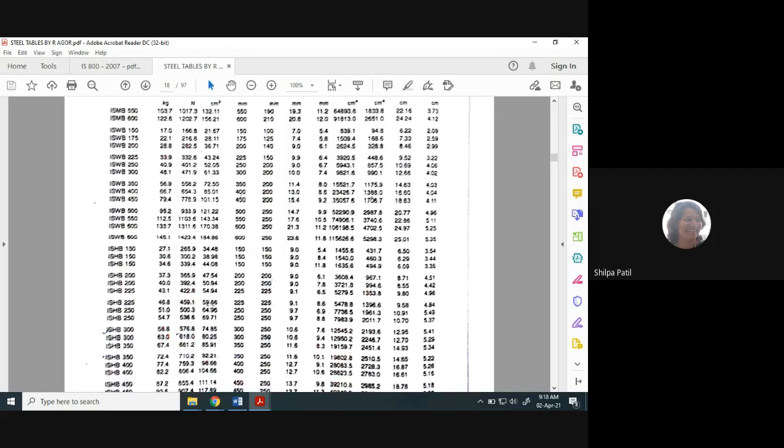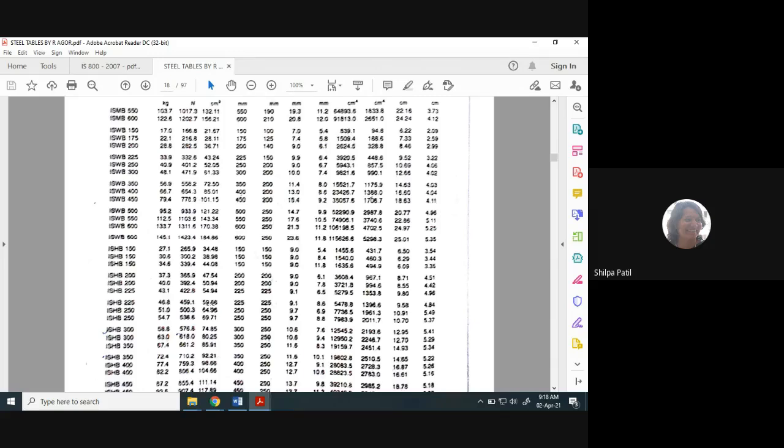One more thing we need to keep in mind: when we design any sections, especially columns subjected to purely axial load, we need to also consider the length of the section.